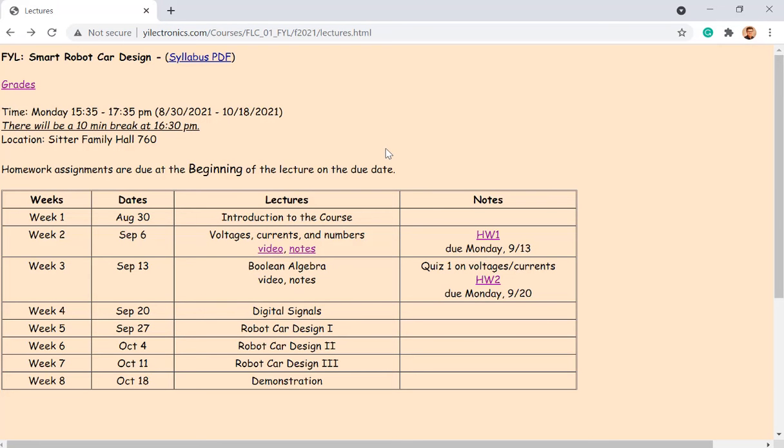Okay. So the purpose for me to introduce basic voltage and currents and also digital signals is because if you guys have a chance, maybe next summer, you want to work in my lab, so you have this basic knowledge to get started.